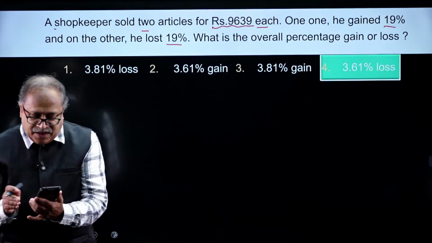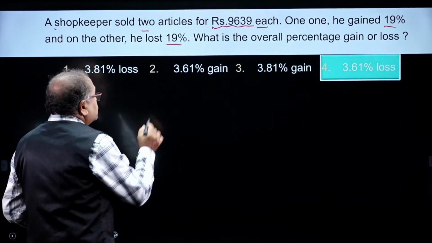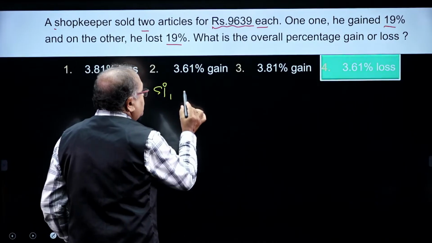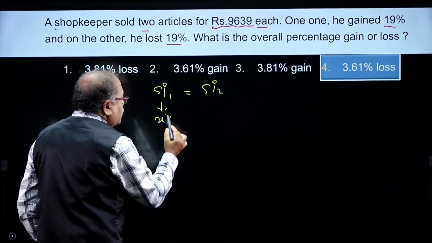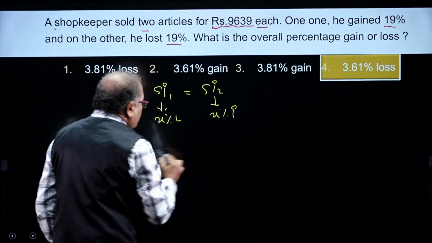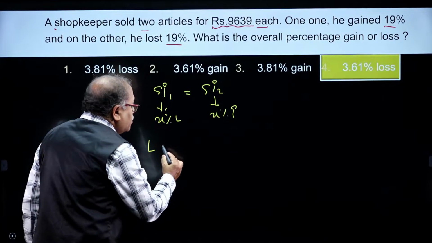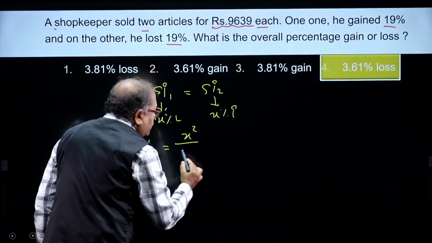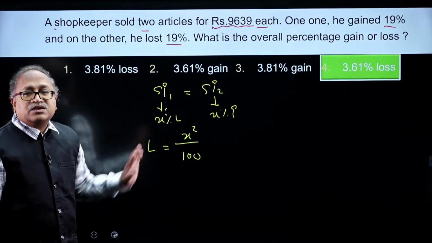So, your option choice is 3.61. Sir, whenever SP1 is equal to SP2 and here x% loss, here x% profit, always loss, always loss. How much loss? X square by 100, whenever this condition is met.